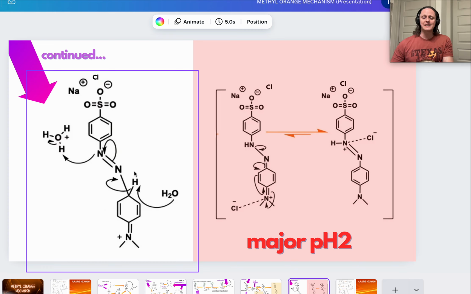So that's the reason why neutral water can come in and deprotonate the ring there and shift the electron density via some kind of resonance up, with it then shooting to this very acidic hydronium ion.